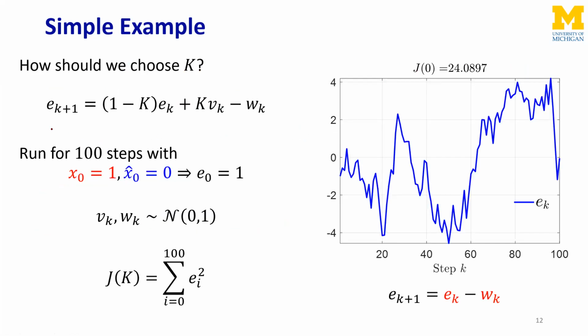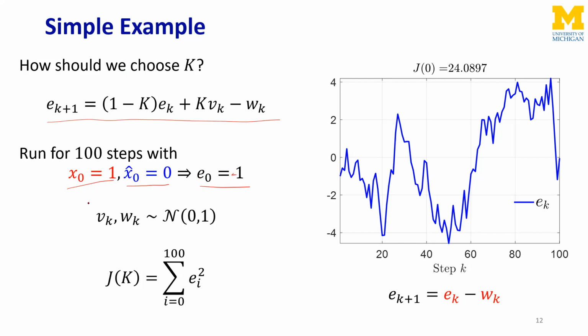Okay, so this is the error dynamics, and we are going to run some experiments now. We are going to run this estimator for 100 steps. I'm going to set x naught, the true state of the system, as this, and I'm going to set the estimator state as this, which means the error is going to be this. Actually, it's going to be -1. It doesn't matter really.